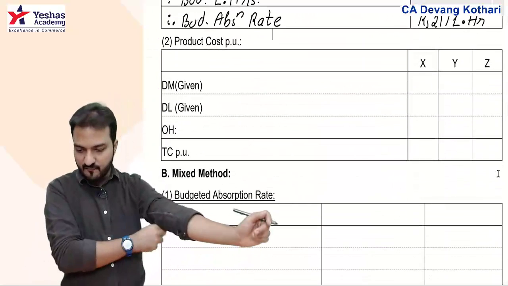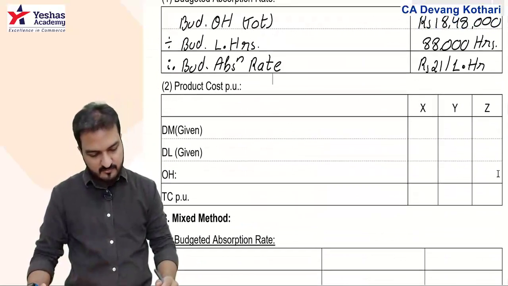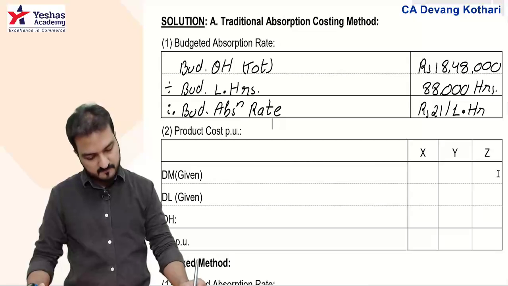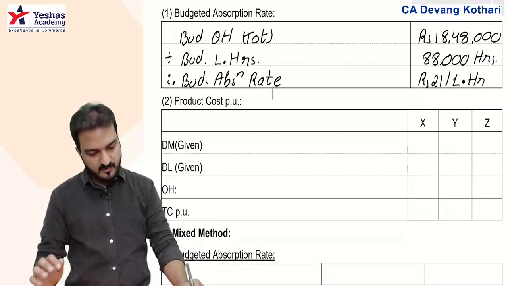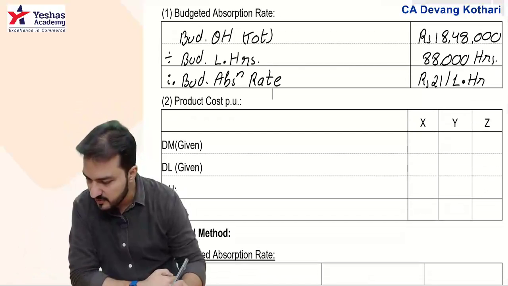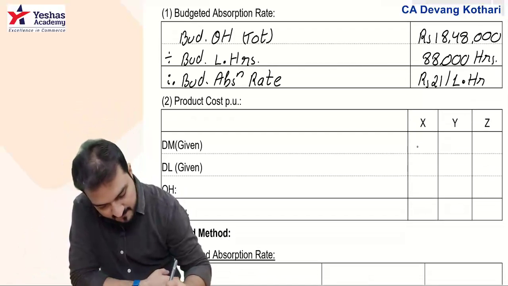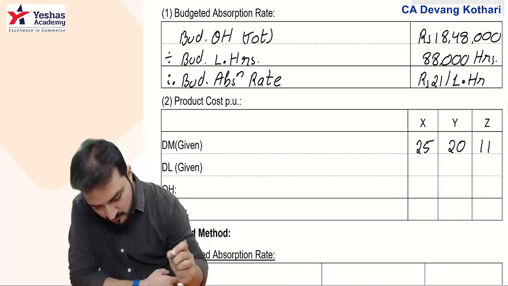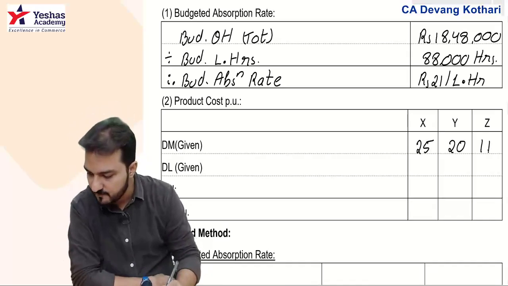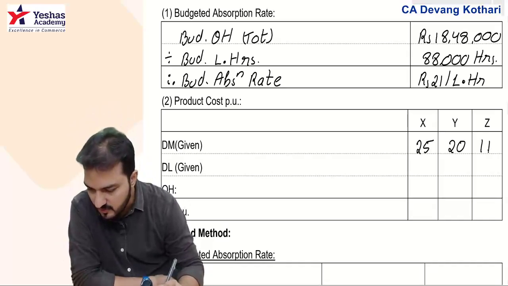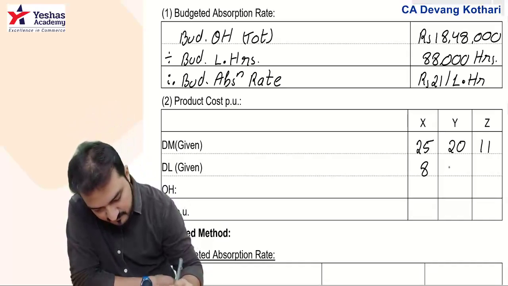So direct material for XYZ is already given as 25, 20 and 11. Direct labor for each of the product XYZ is already given 8, 12 and 6.